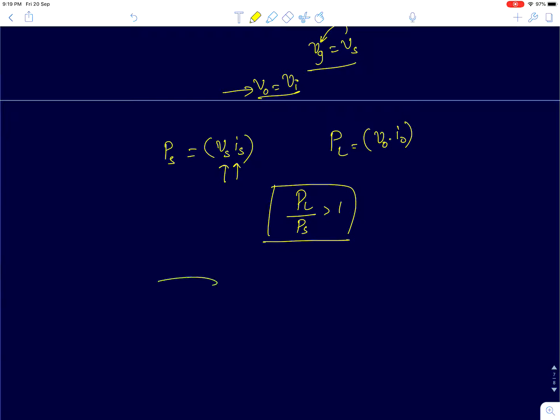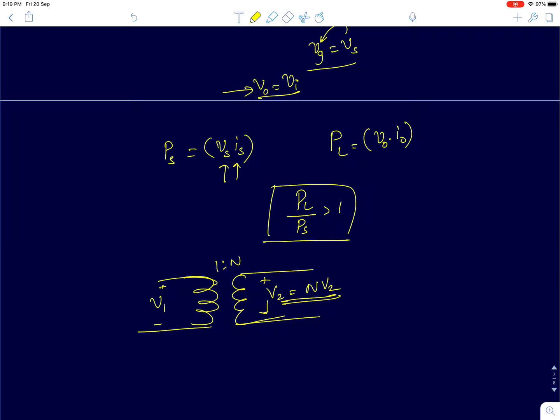You can actually see a circuit like a transformer with 1:n turns. There will be a voltage gain in the circuit. If you apply voltage V1 to an ideal transformer, the voltage across the second terminal will be n times V1. But you should also remember that the current is getting scaled. At the second terminal, the current will get scaled by a factor n, so I2 will be I1 by n.